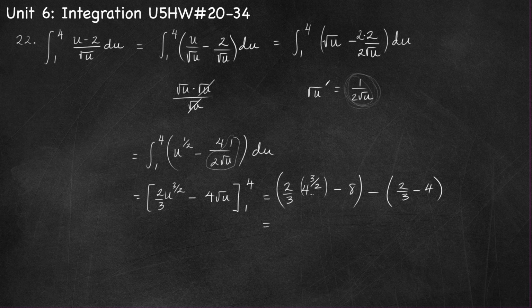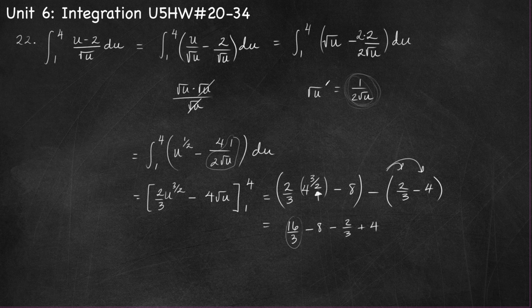Okay, let's continue to simplify. 4 to the 3/2. I'm going to deal with the 2 in the denominator first, and that's the root. The square root of 4 is 2, and then I have to cube that, and I get 8. 8 times 2/3 is 16/3, and then I have minus 8. I'm going to distribute this negative, so minus 2/3 plus 4.